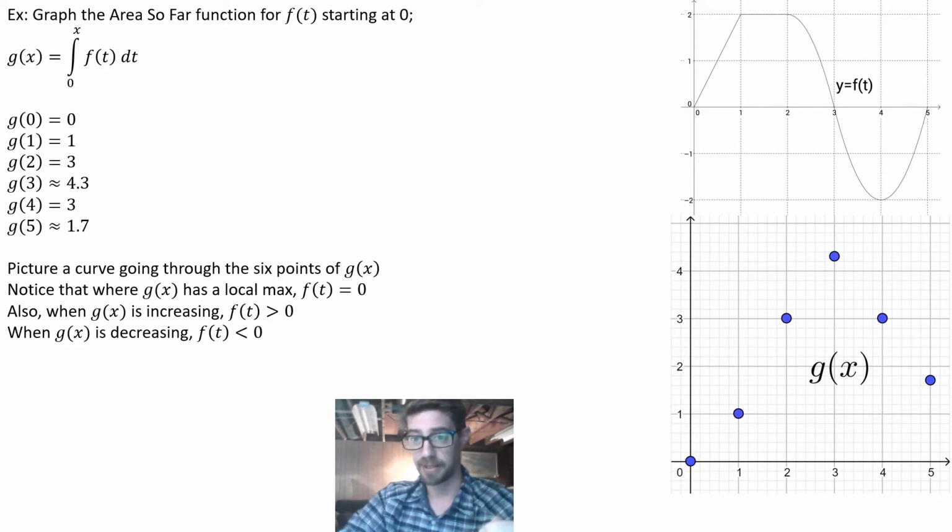And that's basically what the fundamental theorem of calculus says. Integration is the same thing as anti-differentiation. So to get areas, you have to do a derivative backwards.